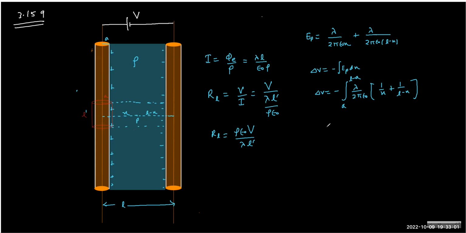And delta V is given to us. It's V actually. I'll just take the magnitude, ignoring the minus sign. The first integration, dx by x, will give you ln x, and the ln of L minus x comes with a minus sign.